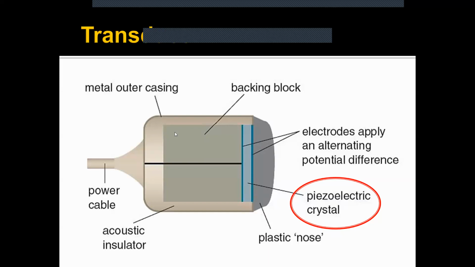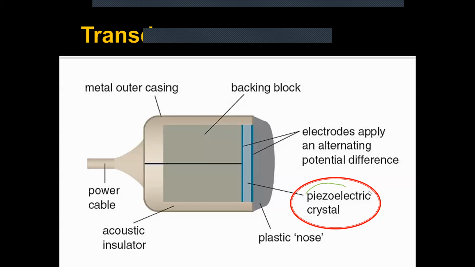So when we are looking at the ultrasound, this is what the structure of the transducer, which is producing the wave, looks like. And the key principle is that you have this piezoelectric crystal. A piezoelectric crystal is a crystal that when we run an electric current across it, it's going to vibrate.